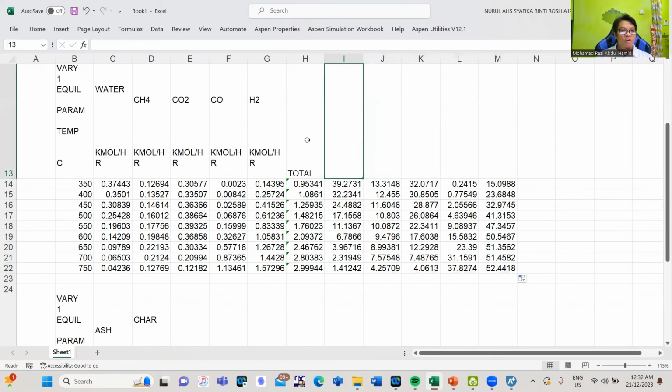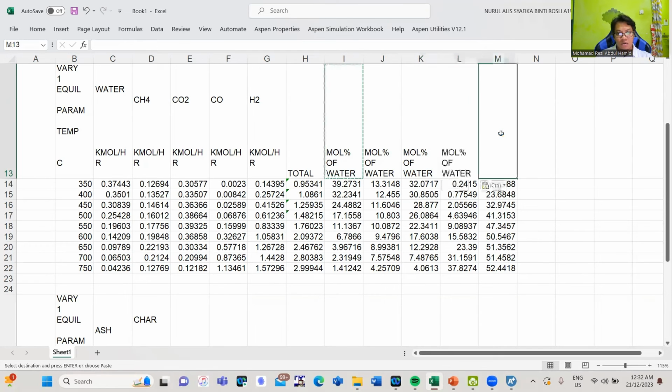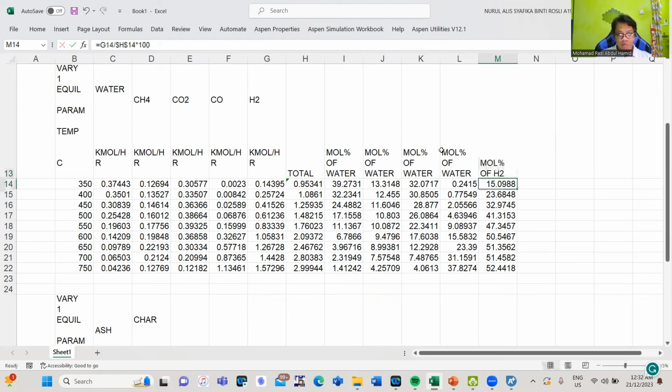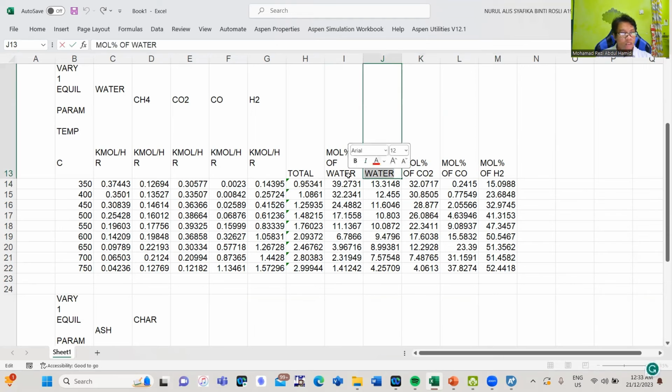So this is basically the mole percent of water, mole percent of hydrogen, mole percent of CO, CO2, and mole percent of CH4. Okay, it should be 100.